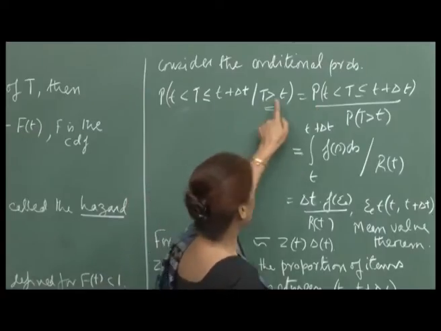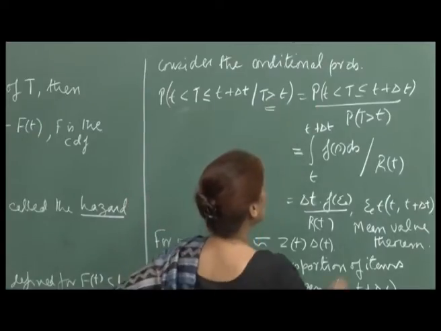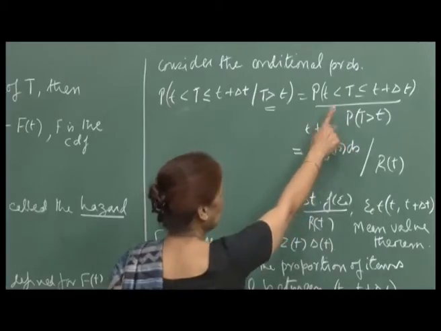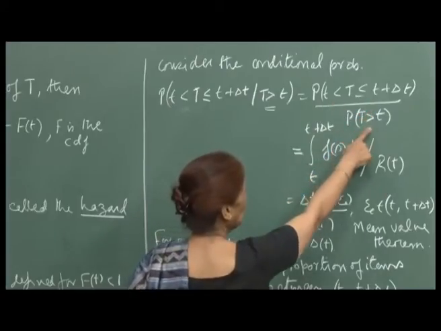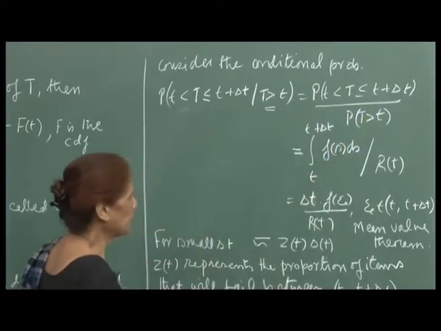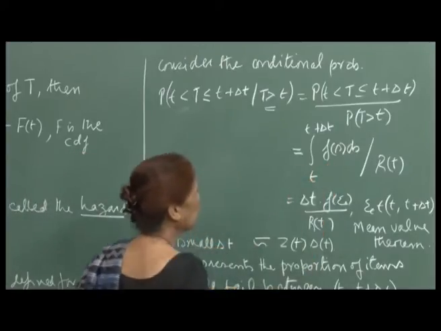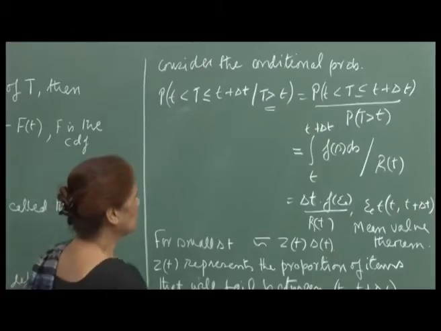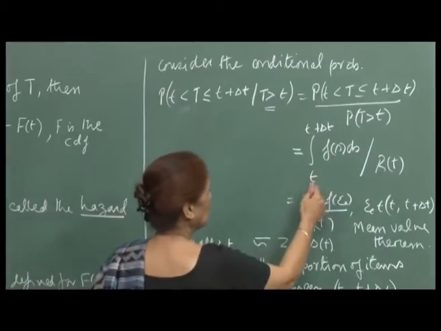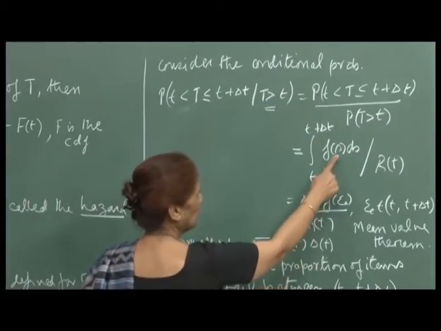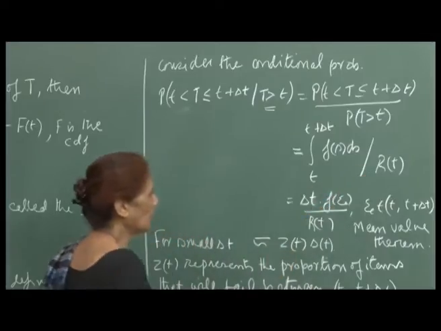So, this conditional probability can be written as the probability that capital T is between t and t plus delta t, divided by the probability that T is greater than t. And in integral form, if I take f to be the PDF, the failure law, this will be the integral from t to t plus delta t of f(s) ds, divided by R(t).